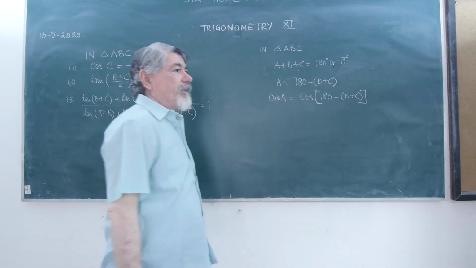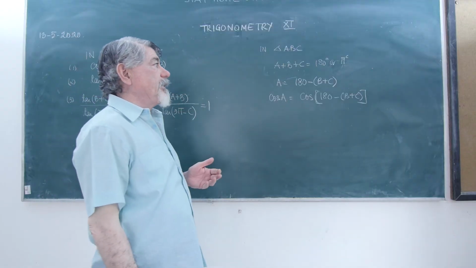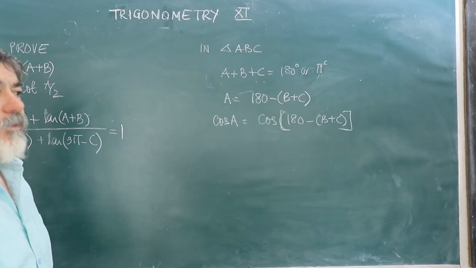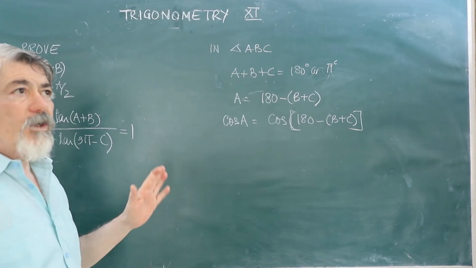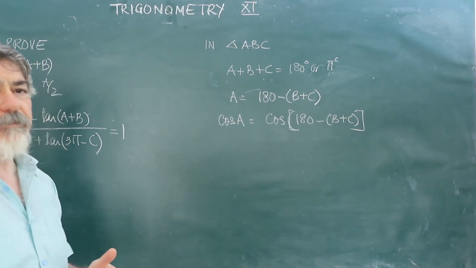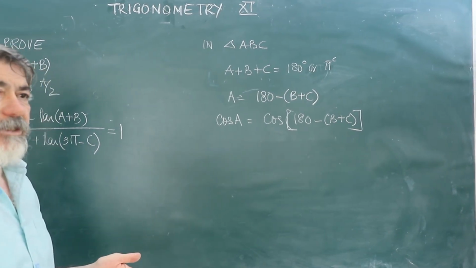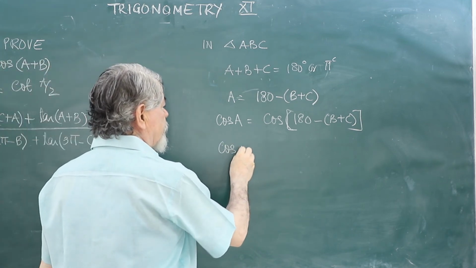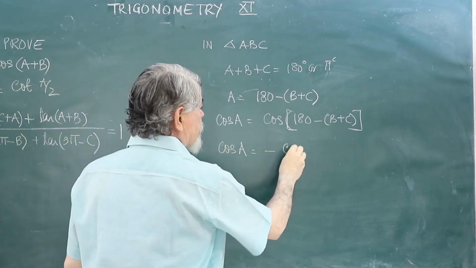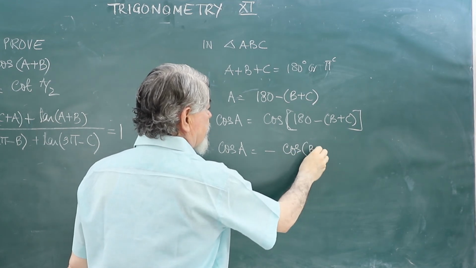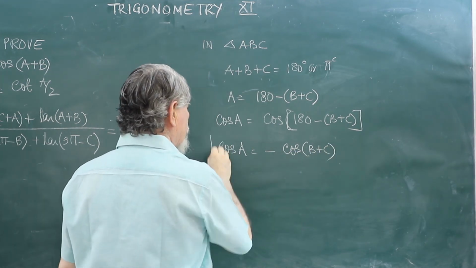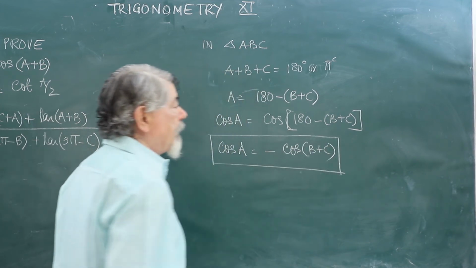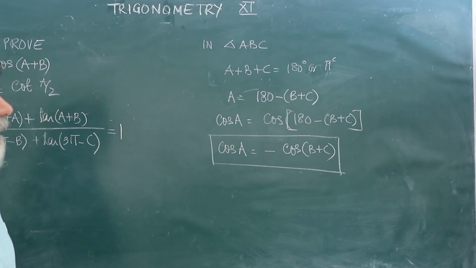Now cos 180 minus theta means it will be coming into the second quadrant, and in the second quadrant only sine and cosec are positive. The rest of the trigonometric ratios are negative. So cos A will become minus cos (B plus C), because it is cos 180 minus theta, which falls in the second quadrant, and in the second quadrant cos will be negative.